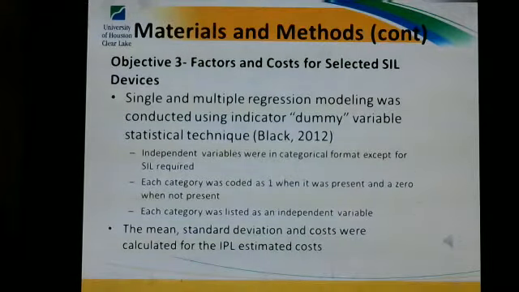All right, for the third objective, based on all the collected data and once we categorized it by all those different factors, we developed a multiple regression model. It was conducted using what we call indicator dummy variables, a statistical technique.